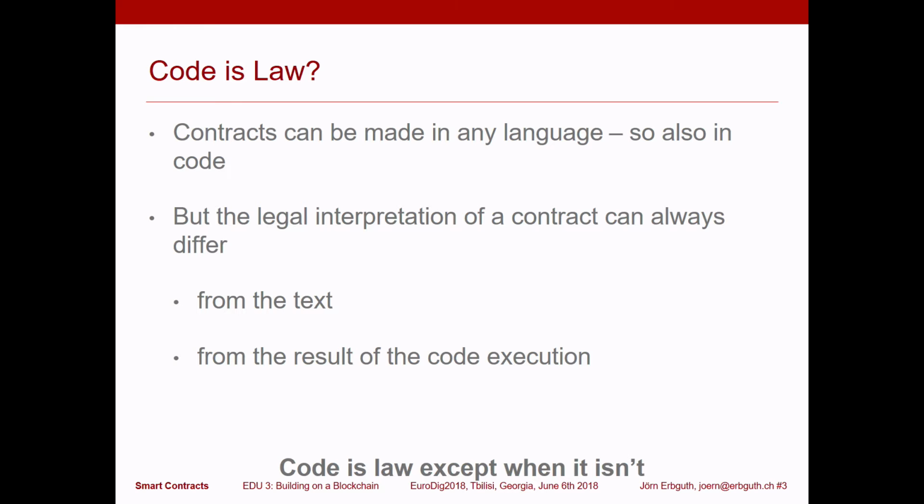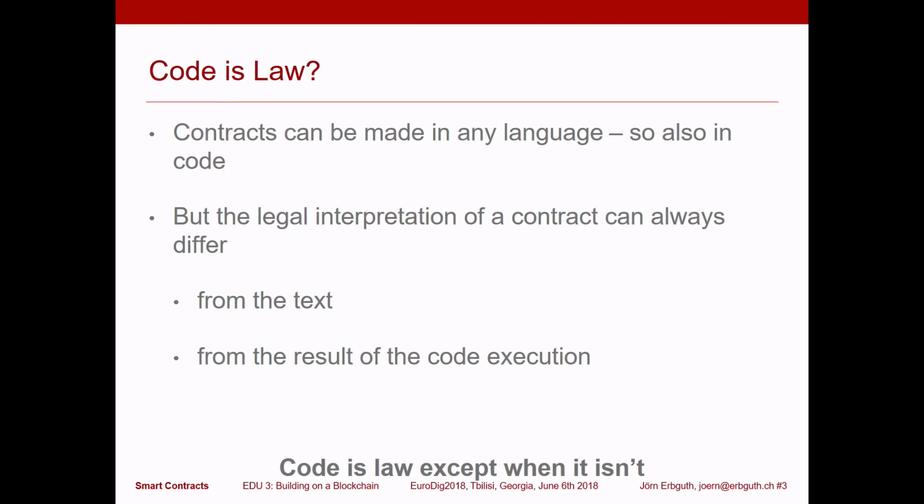Also, if both parties agree and they can prove that they agree on something, but they put it incorrectly in the contract, it will still be as they agreed on. There's a Latin saying in contract law, falsa demonstratio non nocet, meaning even if you declared wrongly, it doesn't matter. The contract is what the parties have agreed on.